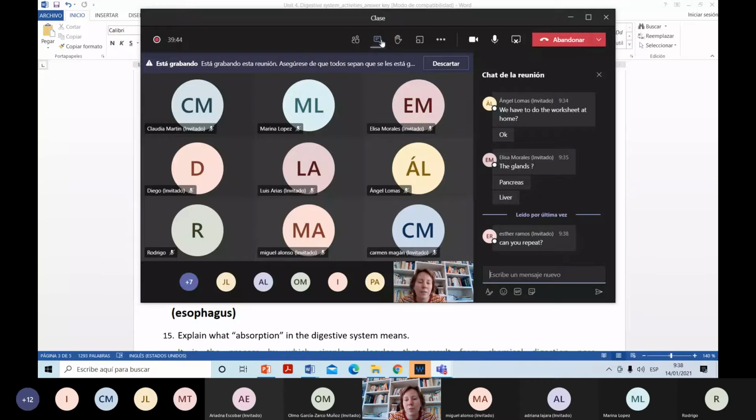In the pancreas, we produce pancreatic juices. What is the name of the liquid that is produced in the stomach? Starting with G. Esther, Inés. We are waiting for you.